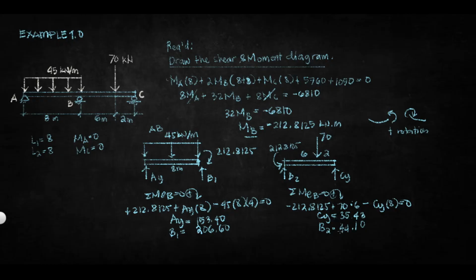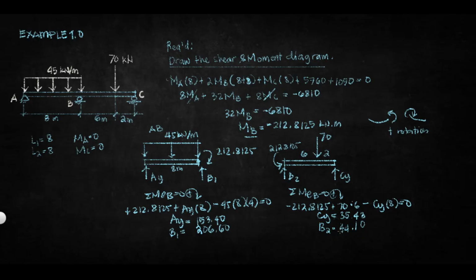So, gumamit ako doon. So, 8 times B2. So, lumabas for B2 is 4.10. Okay, for 4.10. So, check po natin yung sa nauna.